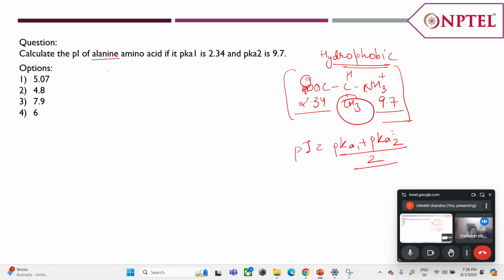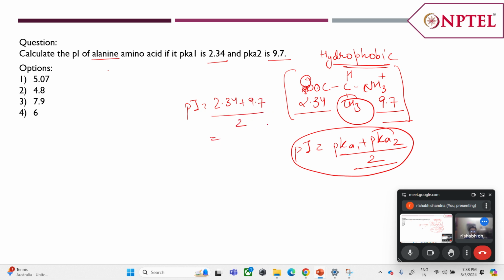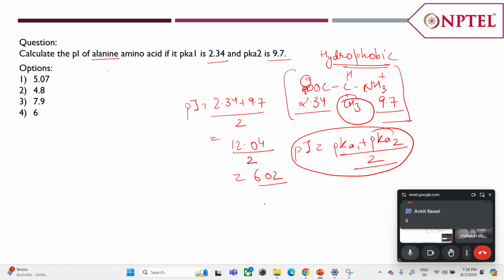This is the general formula of pI. Here two pK values are there, so we'll just take the mean of both. So the correct answer would be option number 4.